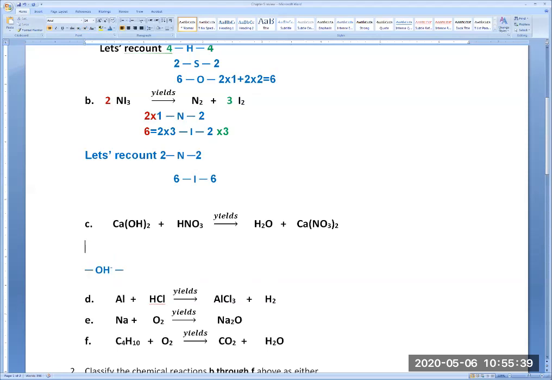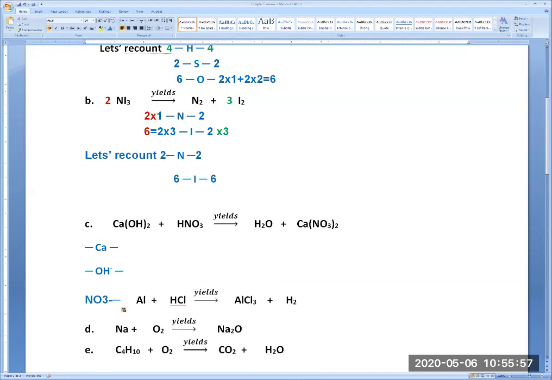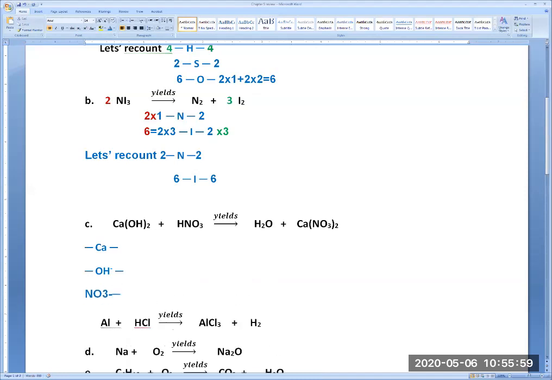We will count calcium first. We'll count the NO3 negative 1. So you will count NO3.